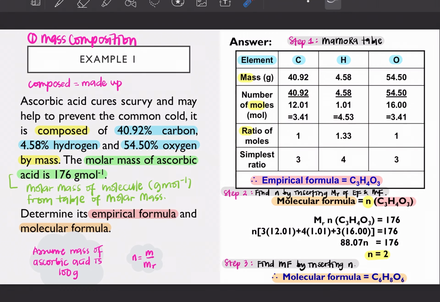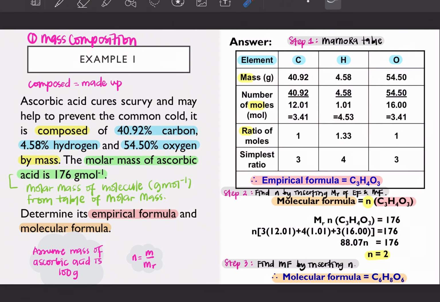So in this case, to find the simplest ratio, we times 1 with 3, 1.33 with 3 and 1 times 3. So dapatlah 3, 4 and 3 for the number of your elements, carbon, hydrogen and oxygen. So we get our empirical formula C3H4O3.